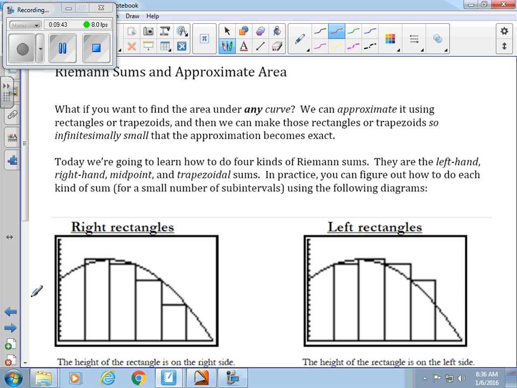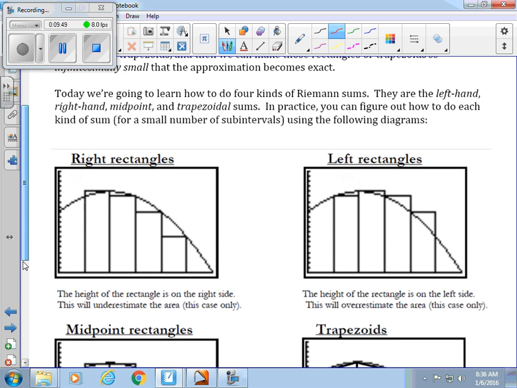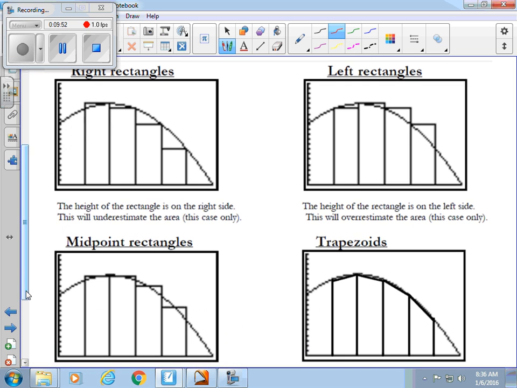We're going to use rectangles and or trapezoids to estimate the areas. So what I have down here, I have 4 pictures, and they are 4 different approximations. They all have their benefits. Right rectangles are rectangles where the height of the rectangle is on the right-hand portion of the curve.